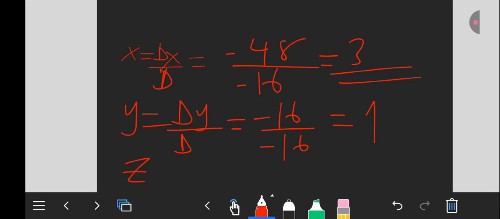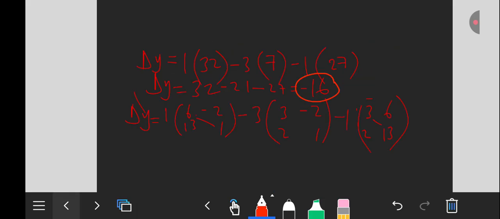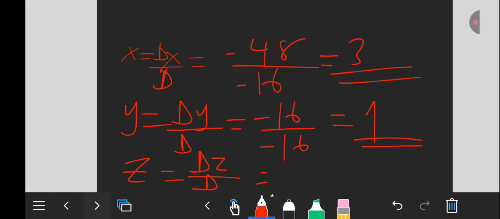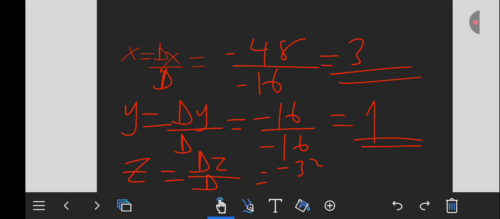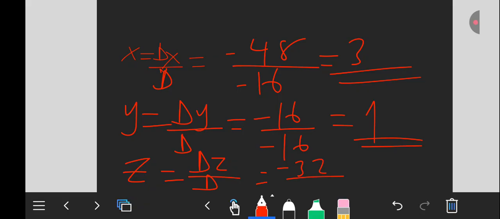To find the value of z, we say determinant of z divided by the determinant of the original matrix. We found determinant of z to be negative 32. So negative 32 divided by negative 16 will give us a positive 2.